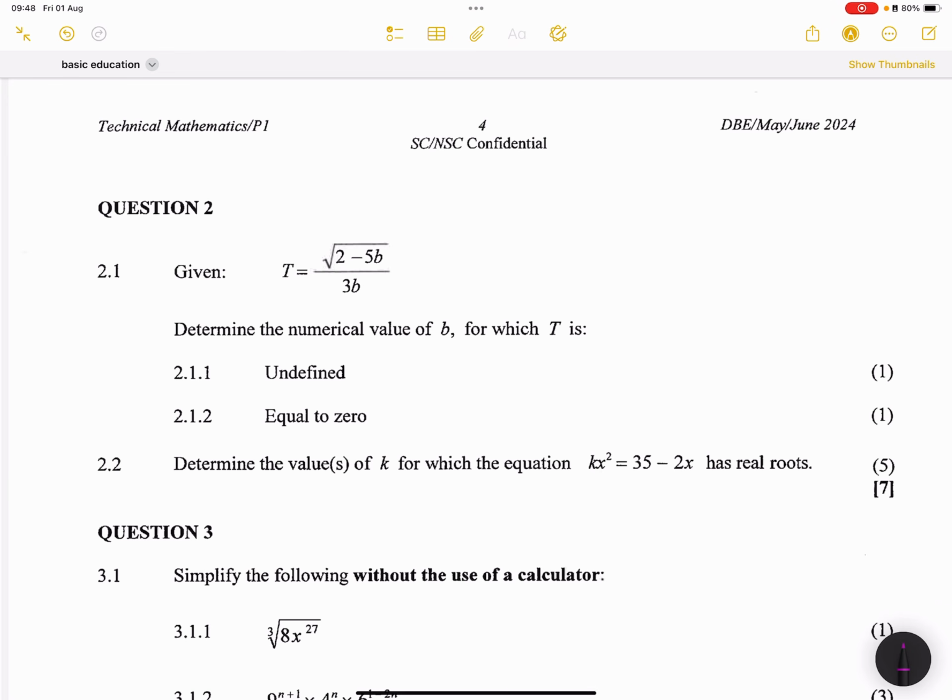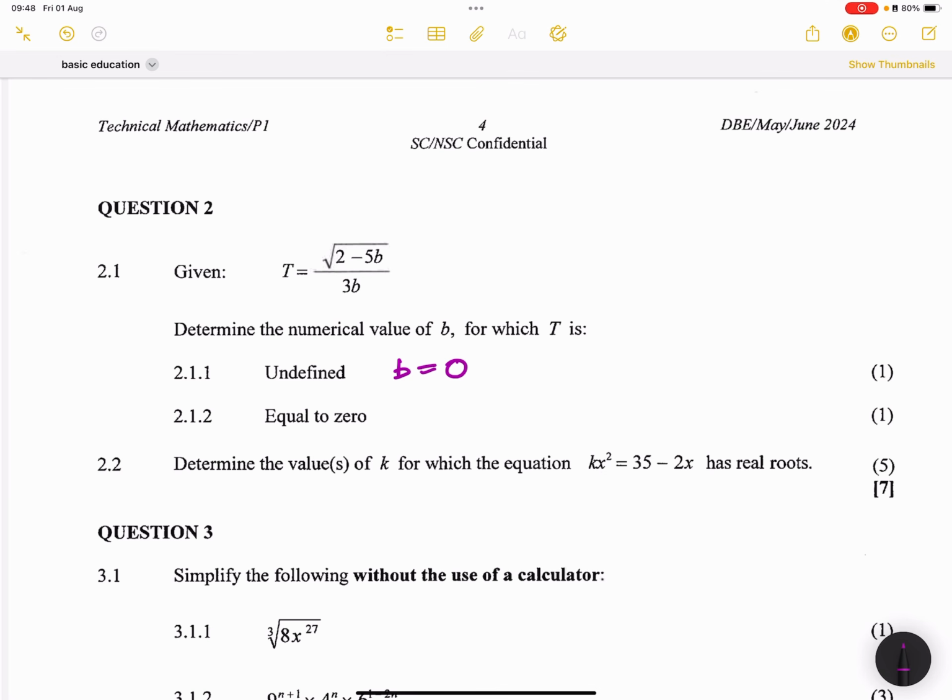So if we said b is equal to 0, in this case, we'd have our square root, divided by 3 multiplied by 0. And we know that in mathematics, any division by 0 would deem this undefined. So it would be undefined if b is equal to 0.